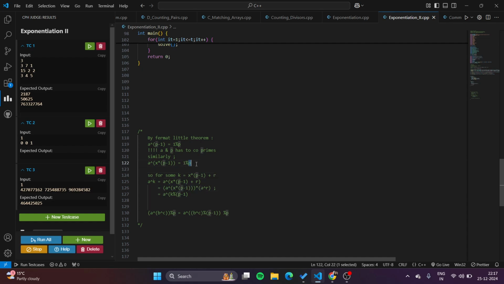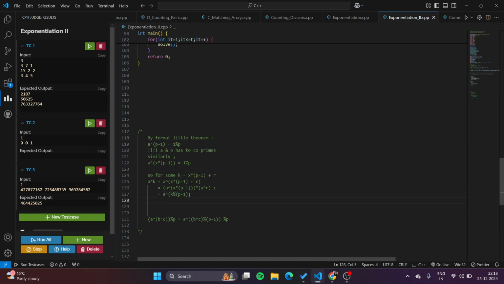I've already proven this here. And we are left with this number only, right? And r is, as I already told you, k modulo p minus 1. So for any number a raised to power k, the whole thing can also be written as a raised to power k modulo p minus 1, right?